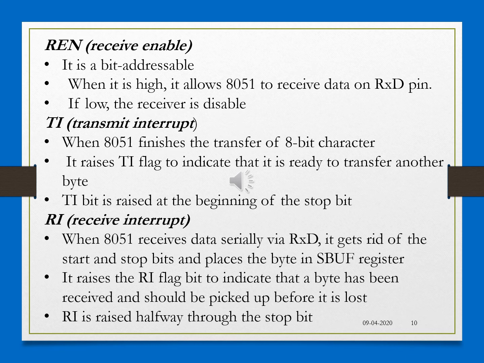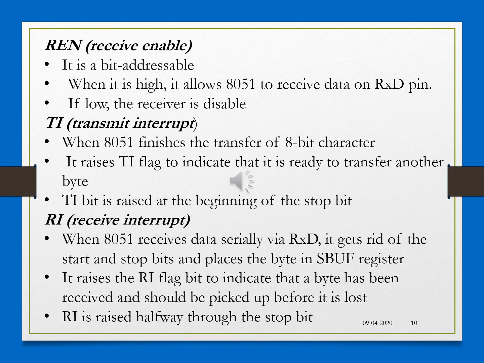Once the 8-bit data is gone and halfway through the stop bit, the transmit interrupt flag will become high. So that has to be monitored. Then using software, we have to clear it. That is the meaning. In the previous slide, we said it is enabled by hardware and cleared by software.